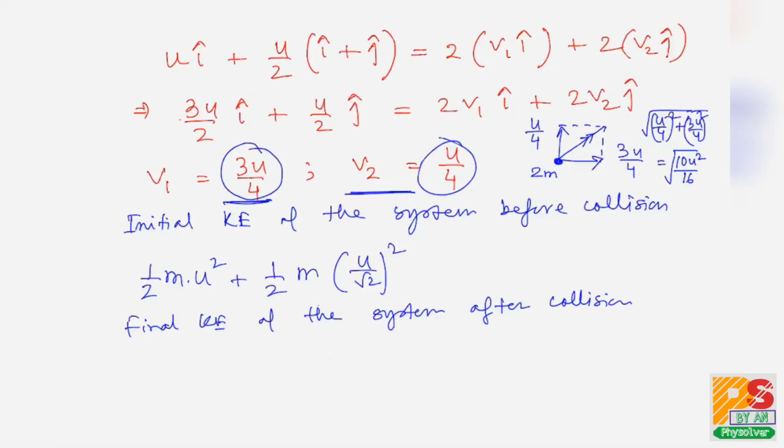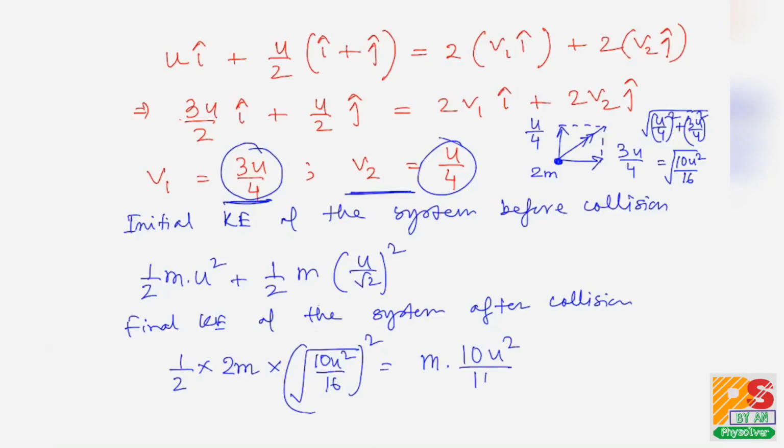Therefore final kinetic energy is half into total mass 2m into velocity square, that is 10u square by 16, which will give you m into 10u square by 16, that is 5mu square by 8.